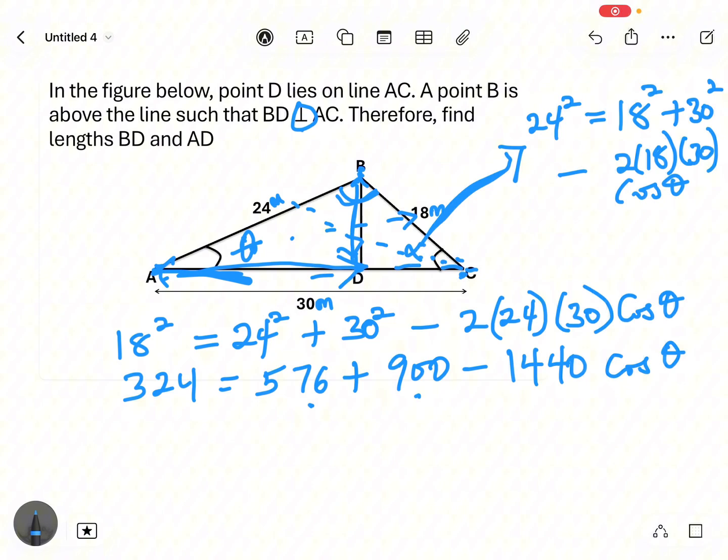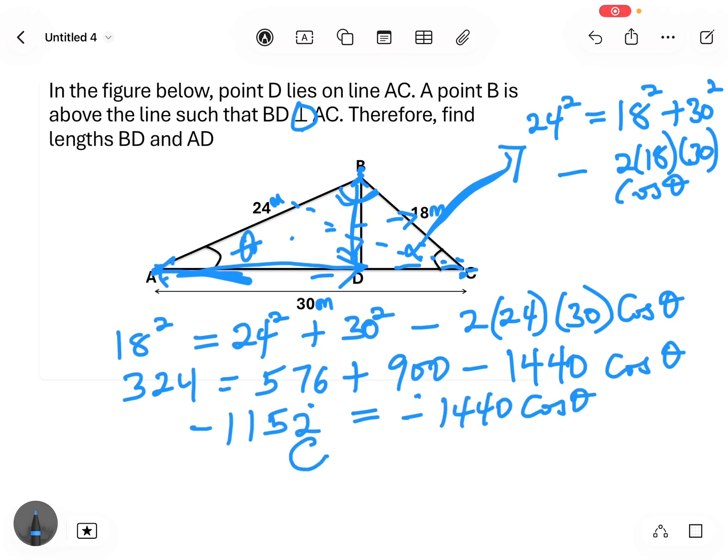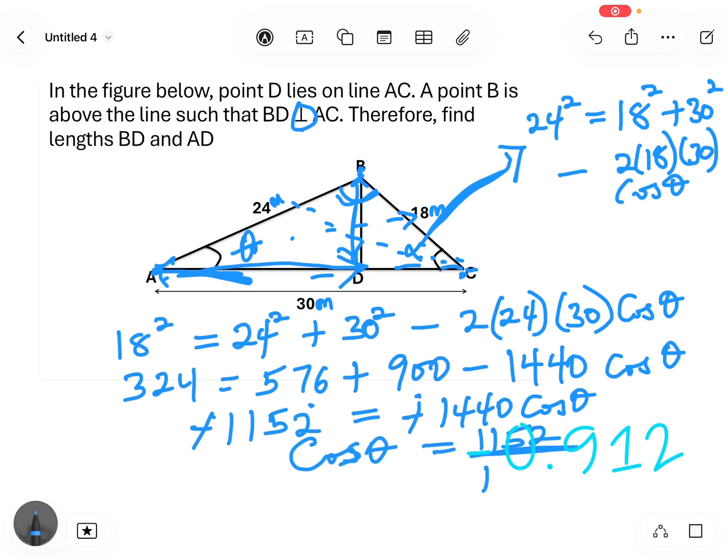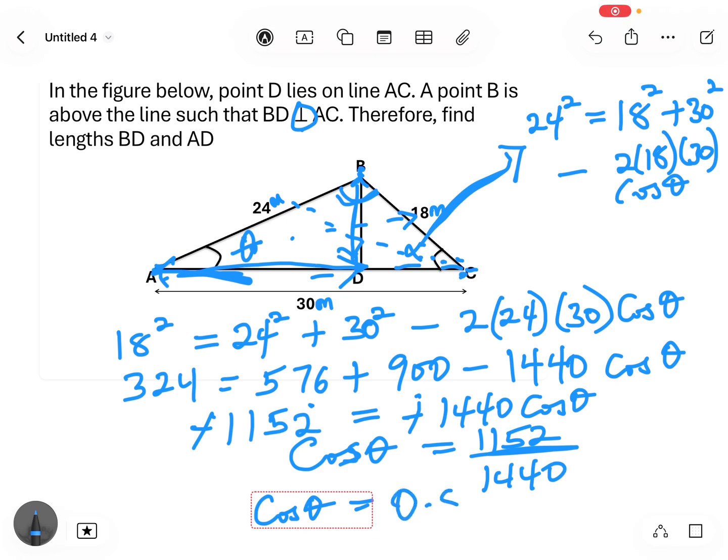That will give us minus 1152 equals minus 1440 cos theta. Minus can cancel minus, right? Cos theta equals 1152 divided by 1440, which is 0.8.